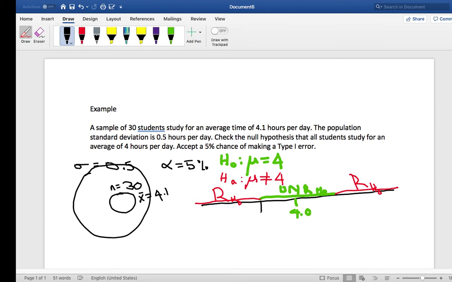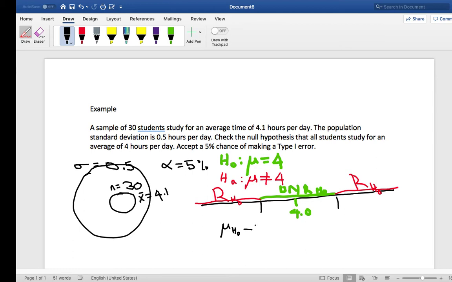So the question then is, what is that point there that cuts off the reject and do not reject? What are these critical points right here? We already established in the earlier video that we just need to apply this formula. It's going to be mu of H0 minus the number of standard deviations we need to be away from the mean.